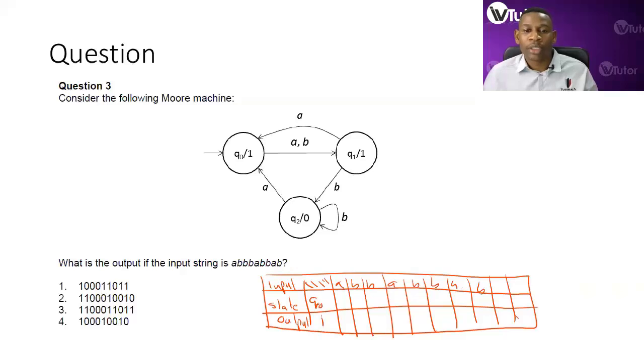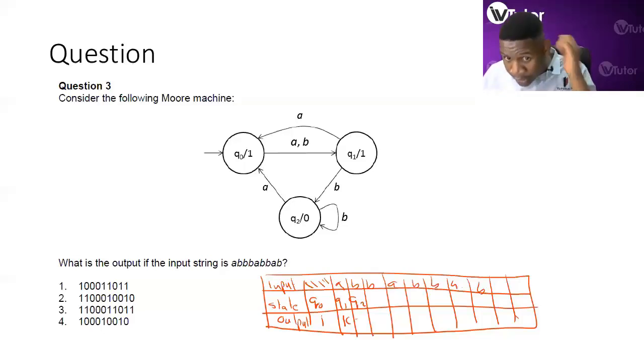Q0 with A, you go to Q1, 1. Q1 encountering B, go to Q2.